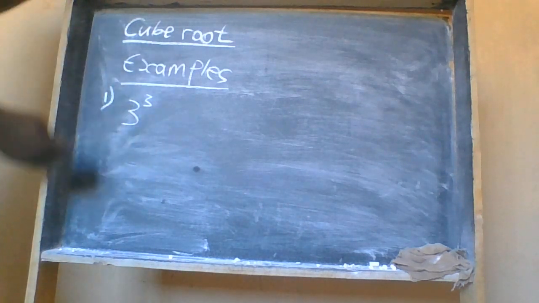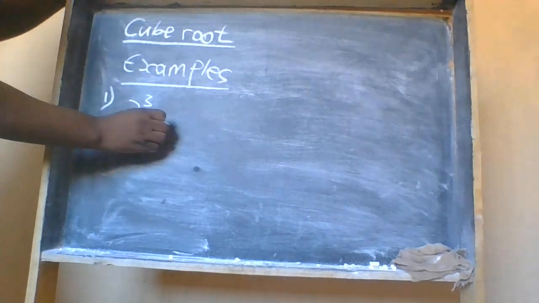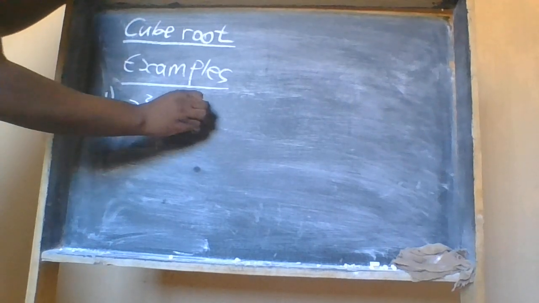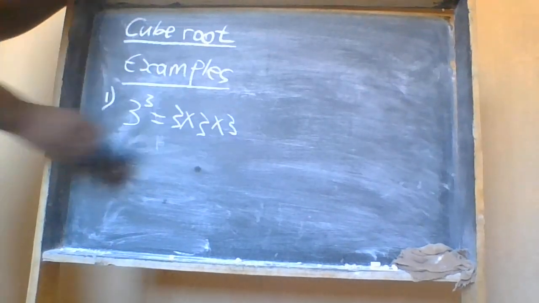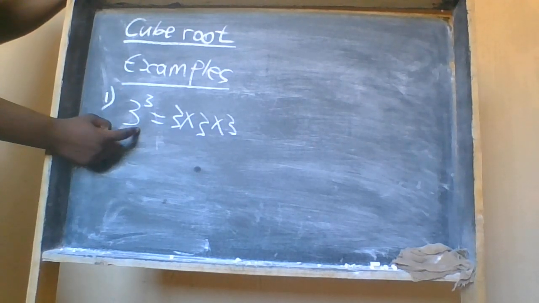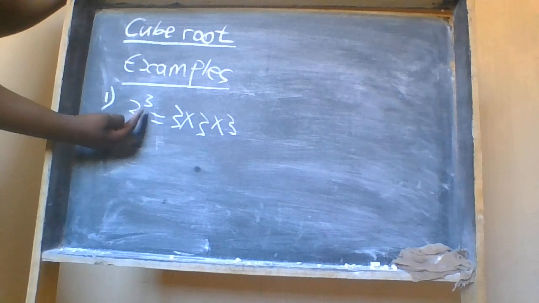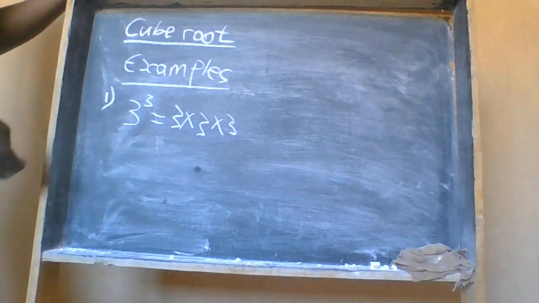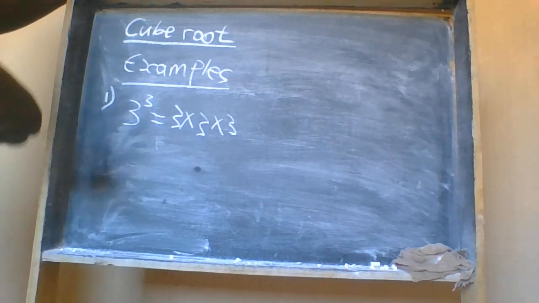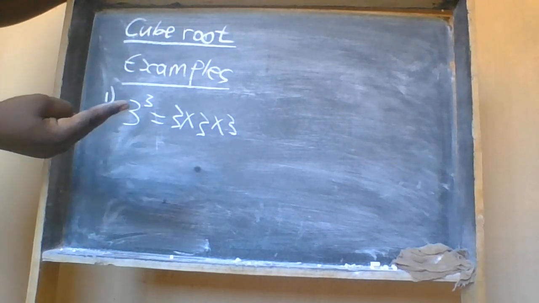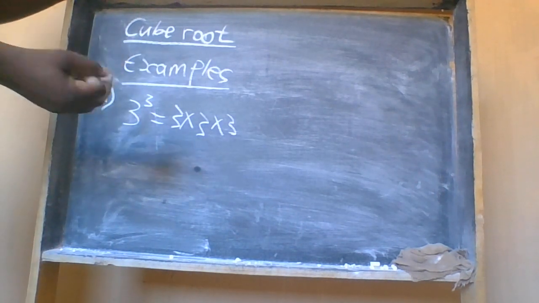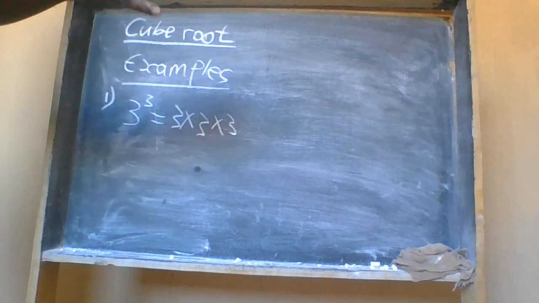So in this case, 3 cubed is the same as 3 times 3 times 3. 1, 2, 3: this base, you multiply by itself 3 times. It's just the same concept as the square, where you multiply the number by itself 2 times, that's a square. But in this case, cube simply means you multiply the number by itself 3 times.